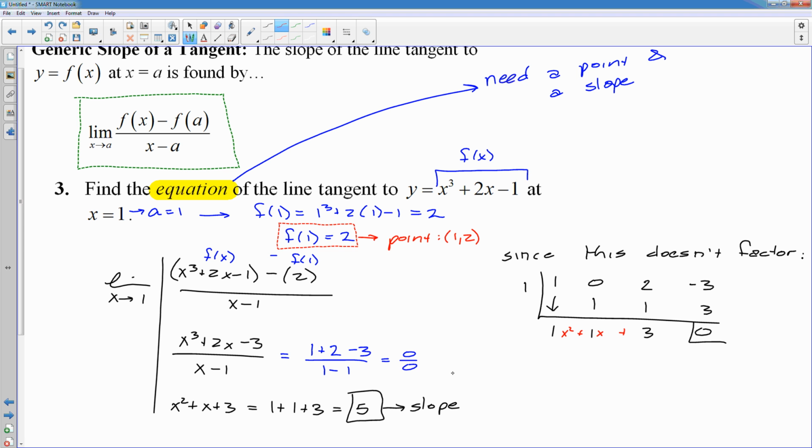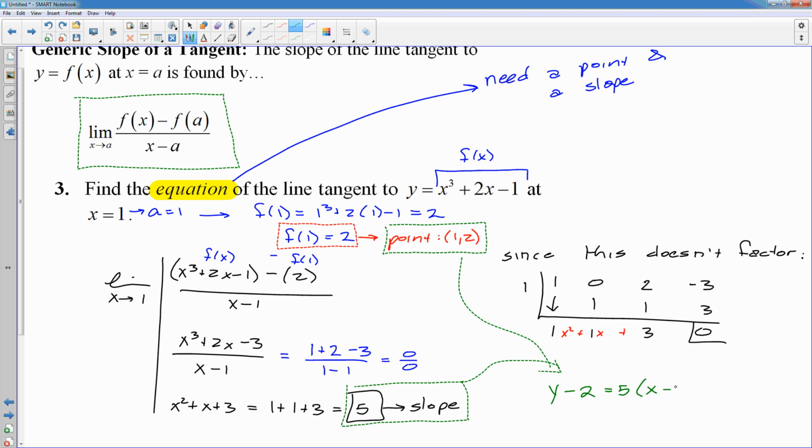And then if you have a slope and a point, you roll them into point slope form, which we have talked about before. That's y minus the y coordinate equals your slope times x minus the x coordinate. And there is the equation of the entire tangent line. So you have the slope and the point, you throw it in point slope form, and there we go. So that is tangent lines.